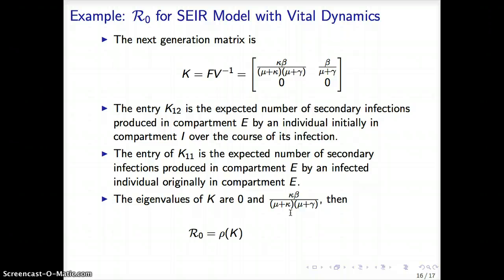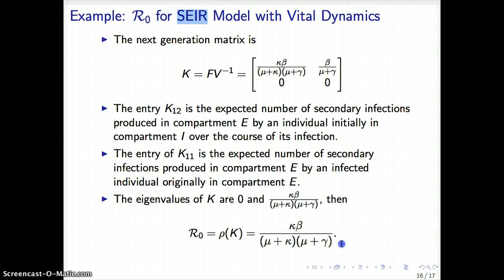We want the spectral radius of the next generation matrix, and that spectral radius is precisely this expression, kappa times beta over both of these quantities. That is what we consider the basic reproductive number for the SEIR model with viral dynamics.